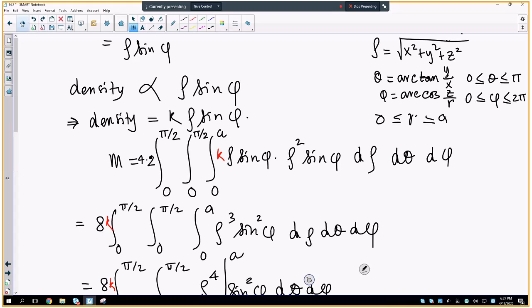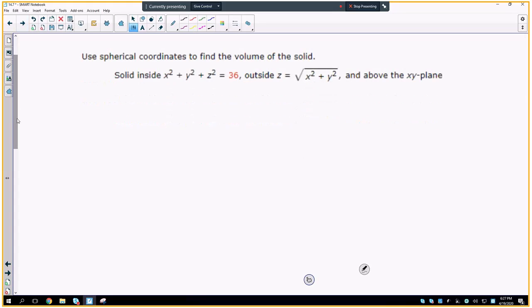So this problem is asking us to use spherical coordinates to find the volume of the solid. The solid is inside the sphere x squared plus y squared plus z squared equal to 36, outside z equal to square root of x squared plus y squared. What I'm trying to get at is the situation we will be playing with pictorially.